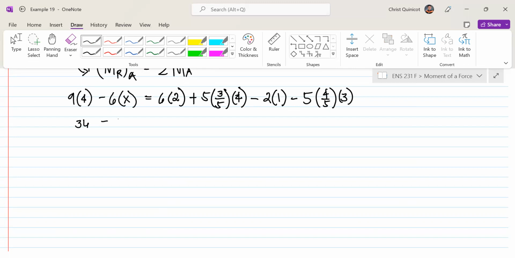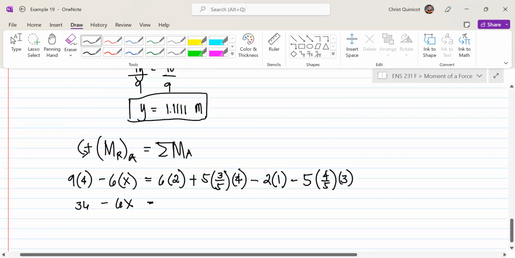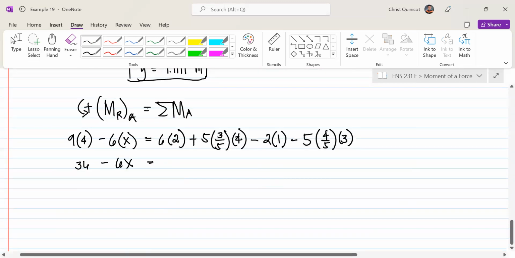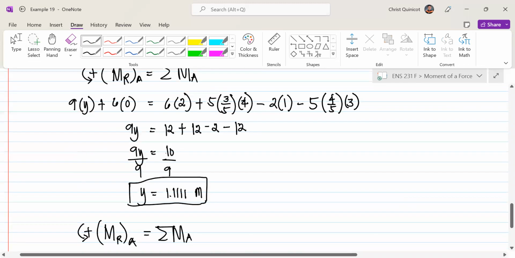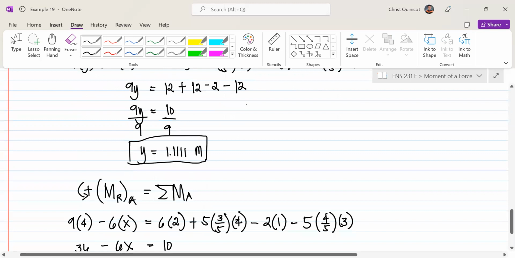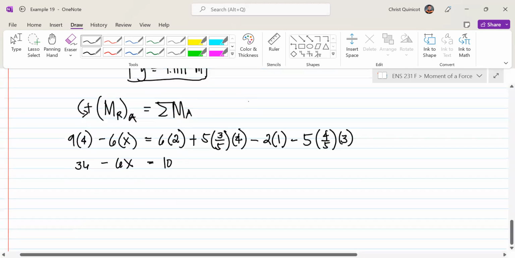That's 36 minus 6x, which is equivalent to 10, right? Just refer to this solution: 6 times 2 is 12, plus 5 times 3/5, that's 3 times 4, that's 12, minus 2 times 1, that's minus 2, minus 5 times 4/5 is 4, 4 times 3, that's 12, so that's equivalent to 10.